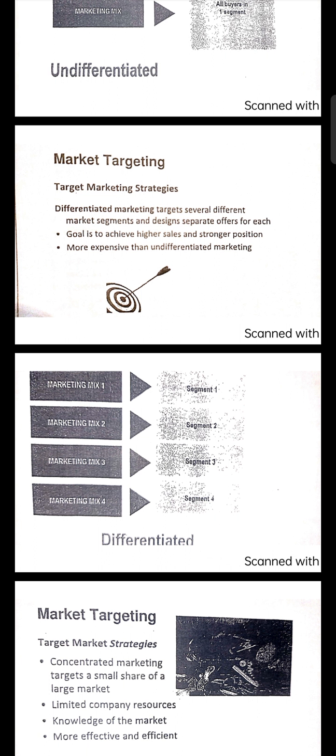So we call it differentiated marketing targets. The purpose is to achieve high sales on certain groups. It's more expensive than undifferentiated marketing because it will only focus on certain groups to do the promotion, to push the product to them.